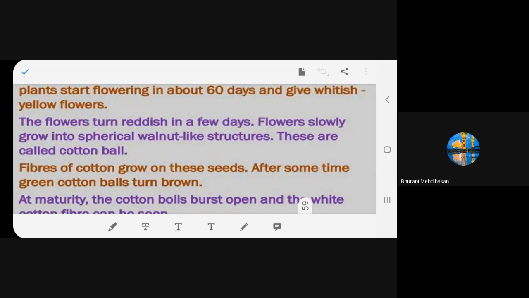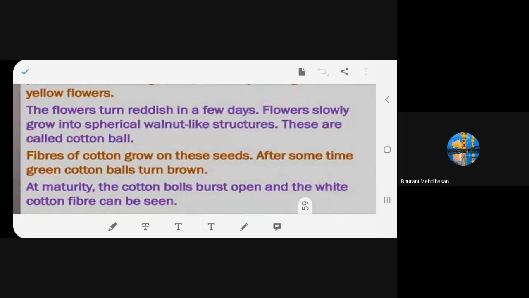What are they called, beta? Cotton ball. And on these seeds, the fibers of cotton grow. First, it is a green cotton ball when it is young, then it turns to brown cotton balls.